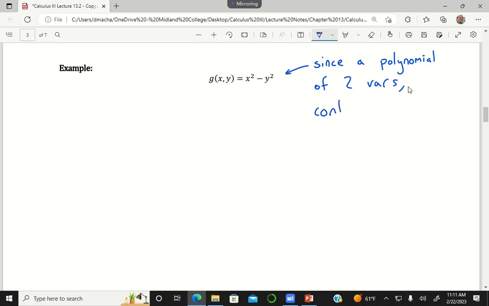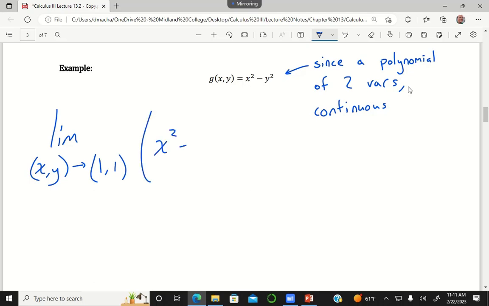It's also going to be continuous for the same reason that in Calculus 1, if you had a polynomial, you knew that that polynomial was continuous everywhere. So any limit I take here, if I take the limit as x, y approaches 1, 1, all I have to do is just plug in x equals 1, y equals 1, and then that's how you just calculate your limit. So super easy, no question there, right?